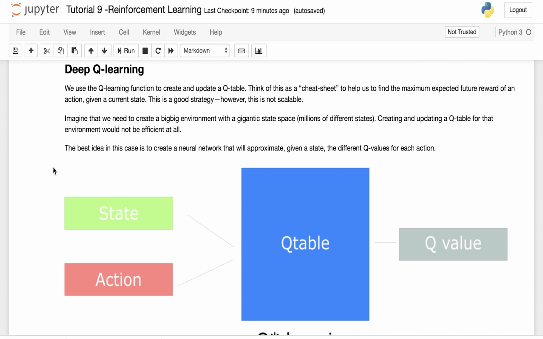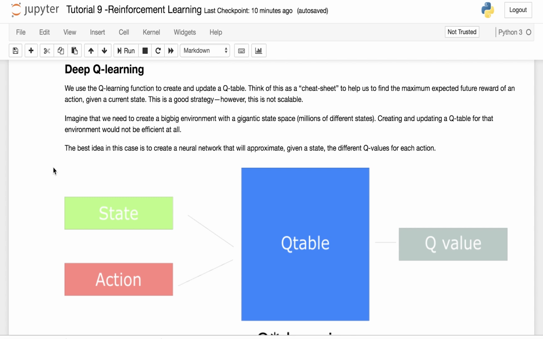But when you have a large scale problem, it's not feasible to have a Q table for all of your states. Think about games that have a few thousand levels. You would need to replicate this table for each level to have all the options for your strategy in each level.